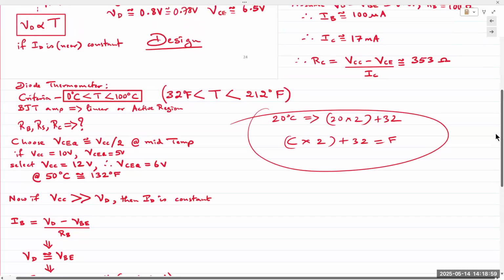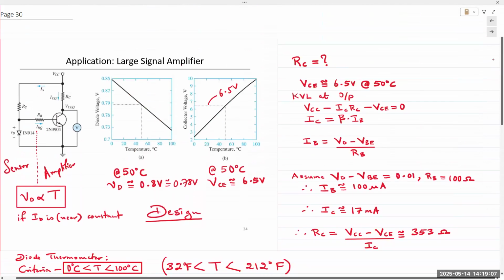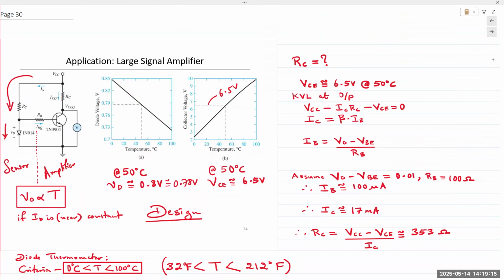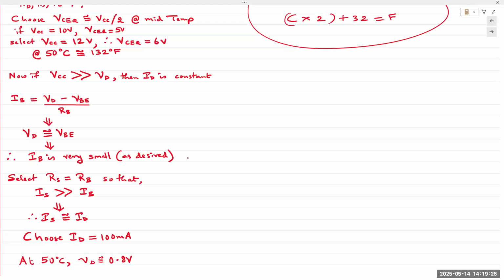So if VCC is far, far greater than VD, then ID would remain near constant because it is flowing through this resistor right here, RS, right? Coming from the top, it splits into two. IS is equal to ID plus IB. If I apply KCL, I can write IS is equal to IB plus ID.